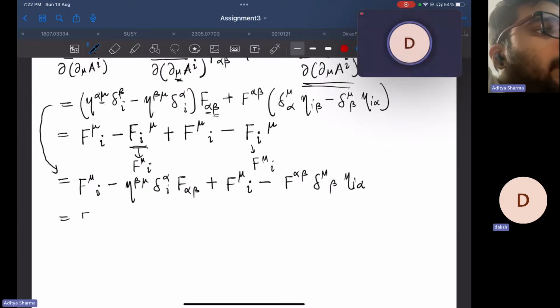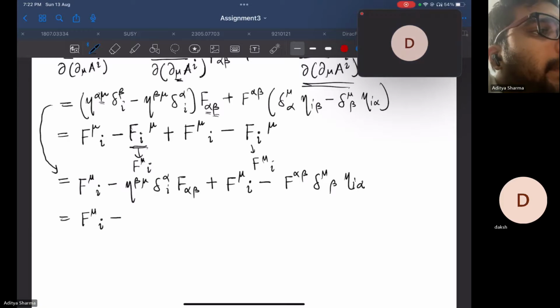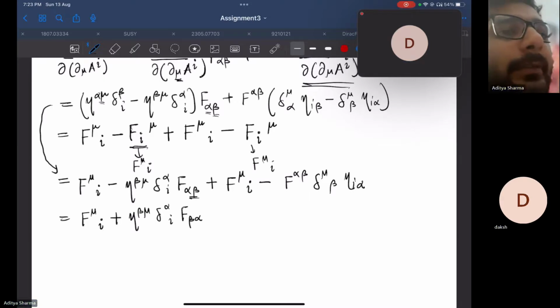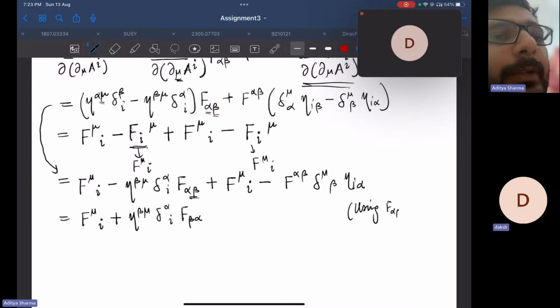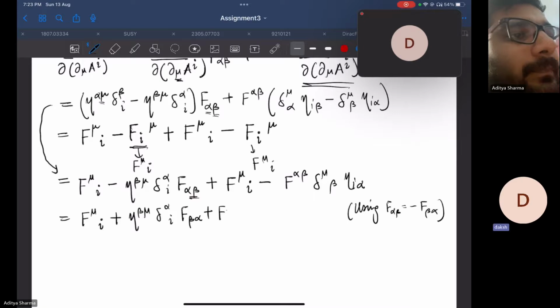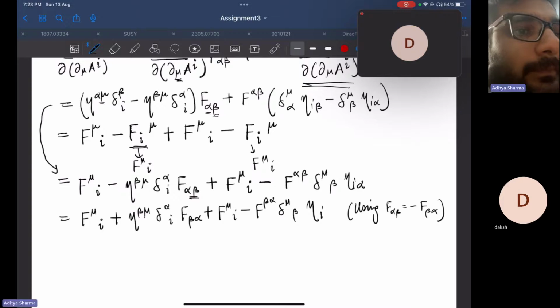Now I'll do this change. I'll change the index of this alpha beta, so this will be beta alpha, because we know f alpha beta is equal to minus f beta alpha. Minus, I'll do the same trick here, beta alpha.